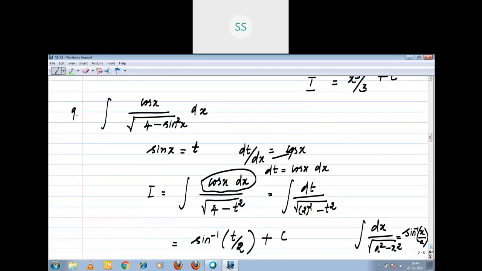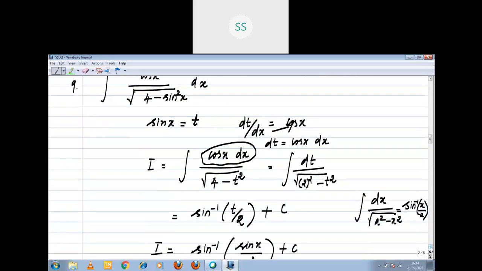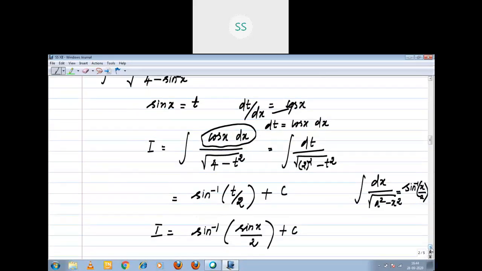That is dx divided by root of a square minus x square equal to sin inverse x by a. Here my x is t, my a is 2. So t by 2. T is finally replaced by what I assumed for t, that is sin x. Right? At the end the result should be in terms of x only.